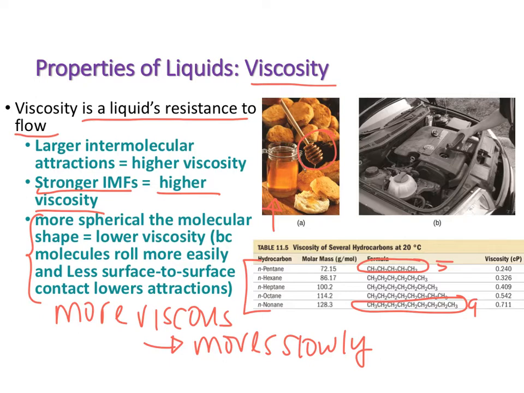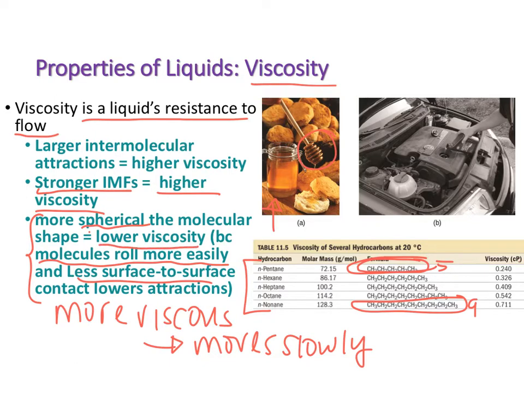But the point of this is that if something is a shorter chain, then you could technically say it's rounder, right? Versus something that's longer and longer, it's not as spherical, right? So molecules that can roll around more easily, in other words, shorter ones, will have less surface to surface contact, which means you have fewer attractions, which means you will have a lower viscosity.